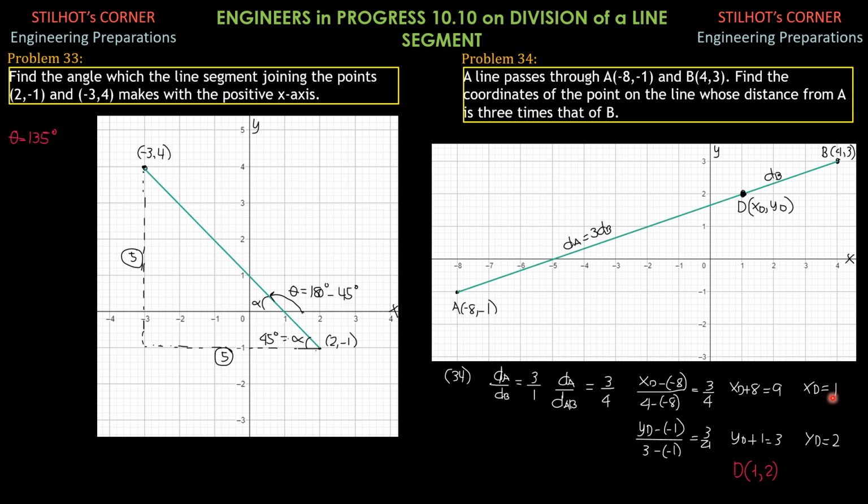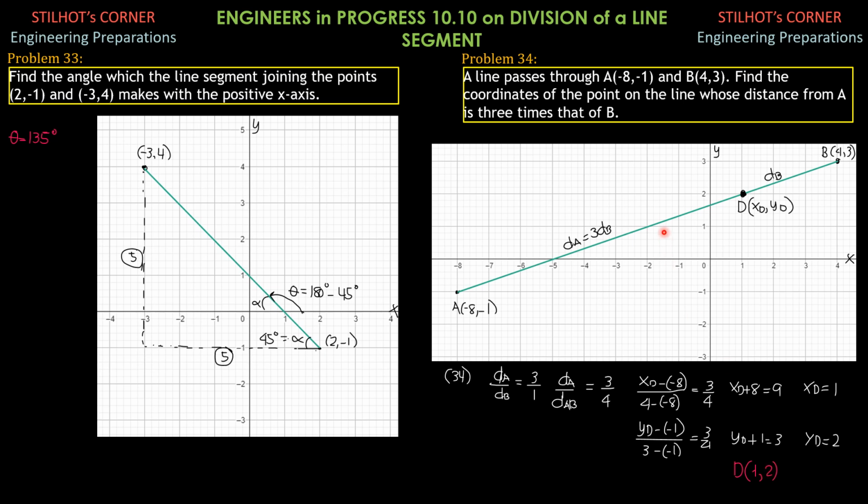Then for the vertical projection, the ratio is 3/4 also. The vertical projection of AD is yD minus negative 1. The vertical projection of AB is upper y 3 minus lower y negative 1, so 3 minus negative 1 is 4. And it is again 3/4. So yD plus 1 equals 3/4 of 4, which is 3. So yD is 3 minus 1, yD is 2. So that's why point D is at (1, 2).